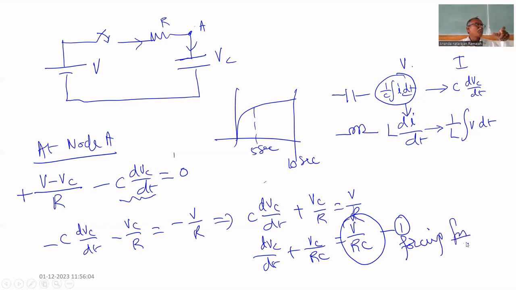It forces the circuit to 5 volt. The circuit doesn't have any voltage, but this voltage source forces it to be 5 volt. That's why it is called the forcing function, or input. Both ways you can say.